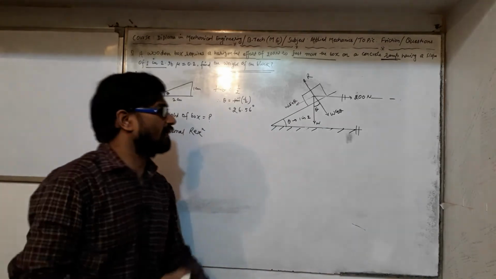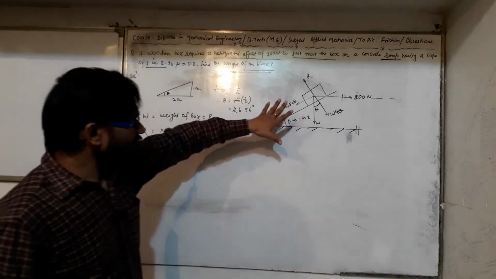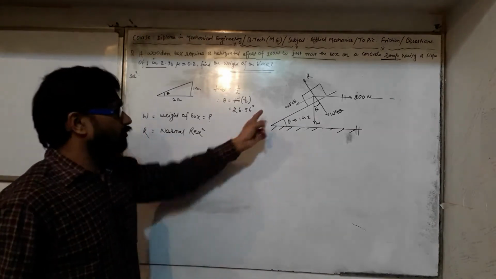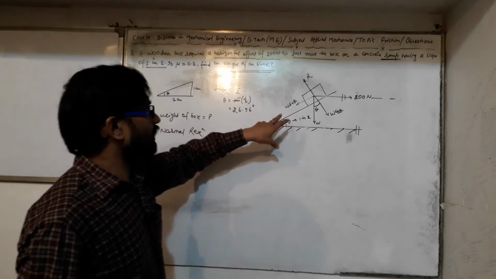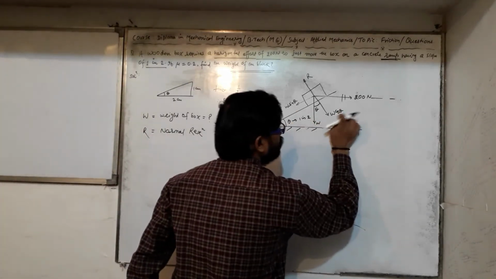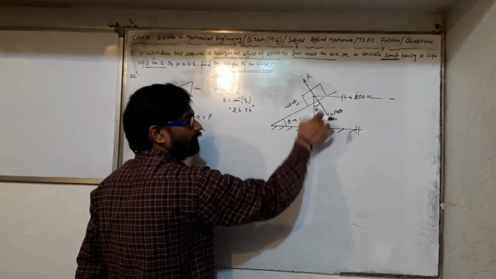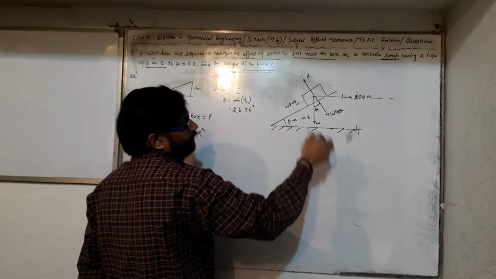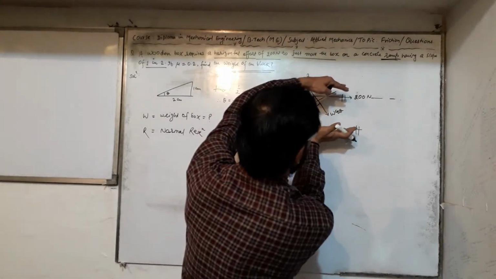If you don't understand how it comes, please write in the comment box so that I can explain it in the next video. W cos theta and W sin theta are the two components of weight W, which acts in the downward direction.